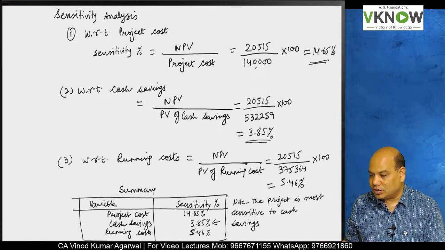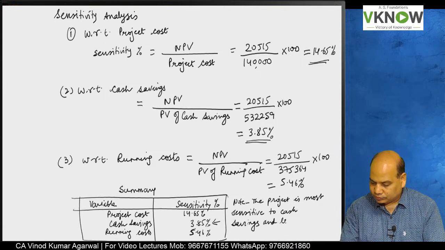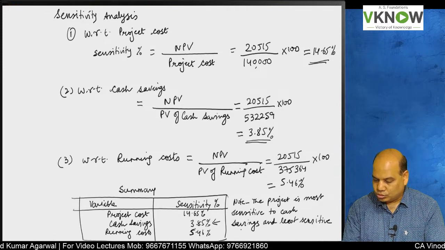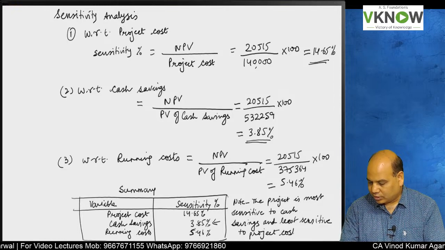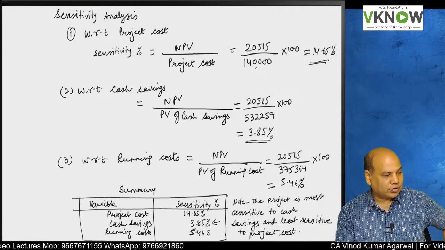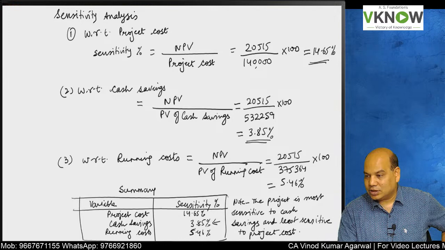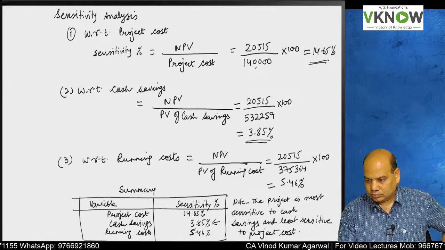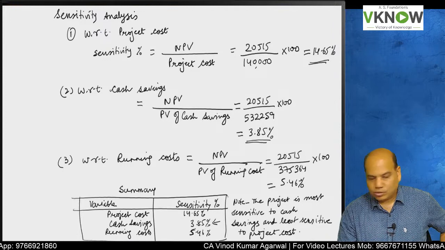So project is most sensitive to cash saving and least sensitive to project cost. Is it right? Can we go to the next one?